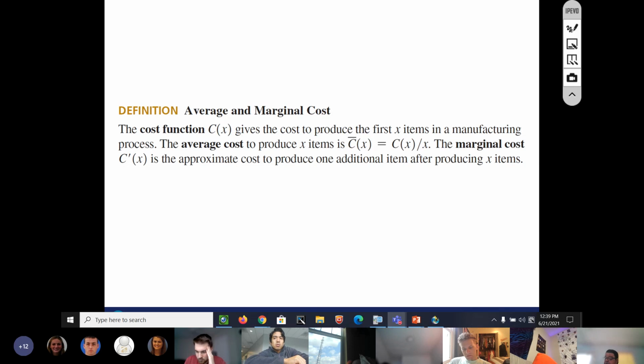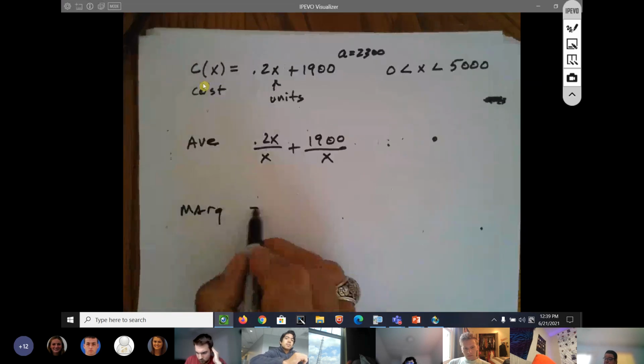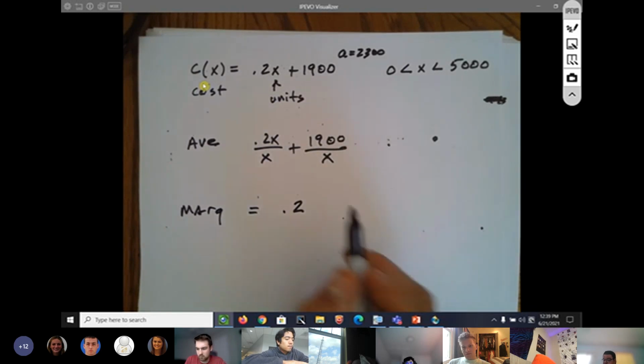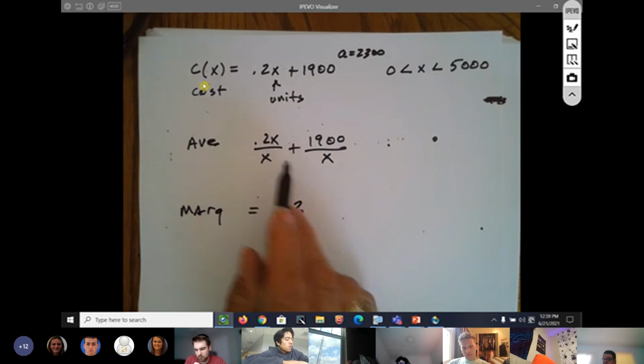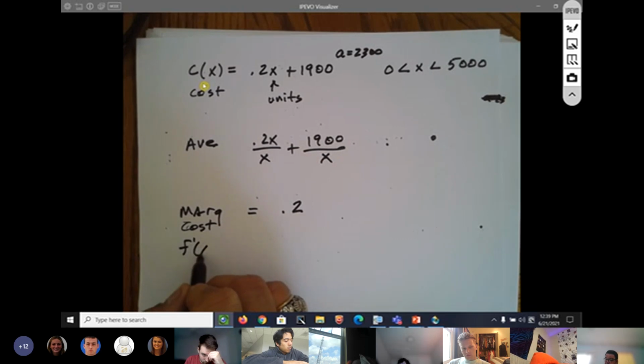That's going to be your average cost. And then your marginal cost is going to be 0.2. Because the derivative, there's your marginal cost right there, 0.2, which is your first derivative, f prime of x.